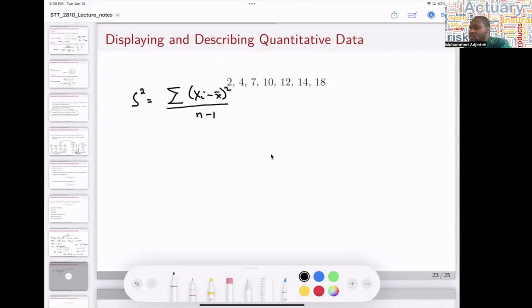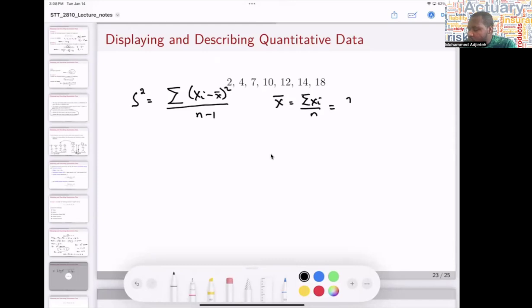So first and foremost, let's try to find x bar. X bar is the sample mean. So we know this is the same thing as the sum of xi over n. To find the sample mean, we need to add all these and divide by the number of things we've added.